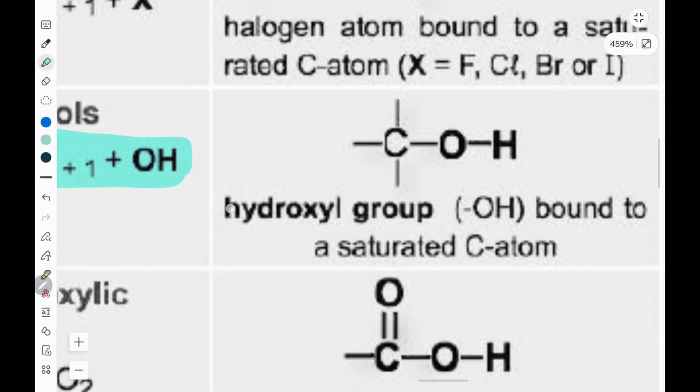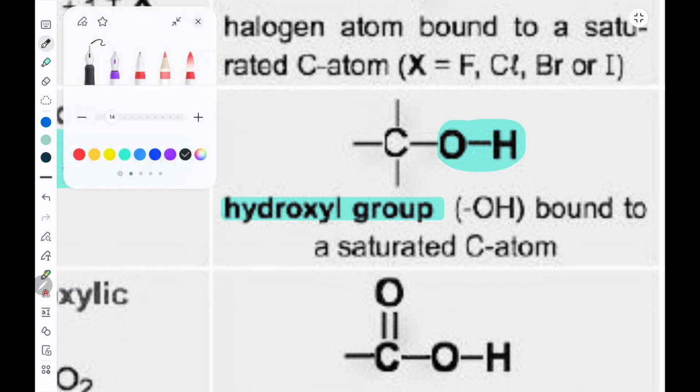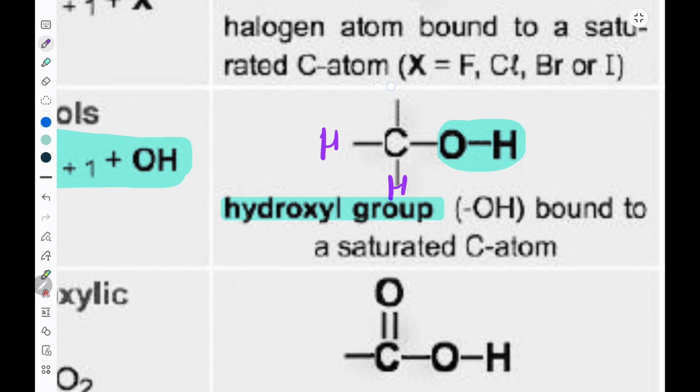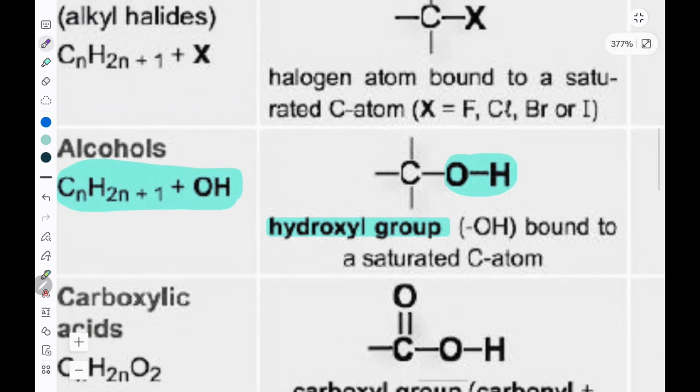A functional group is the hydroxyl group, which is the OH, right? So you'll find the carbon atom attached to one OH group, and then depending on the alcohol, you can have your hydrogen atoms attached here, right? So that's how you will see if an organic compound is an alcohol or not.